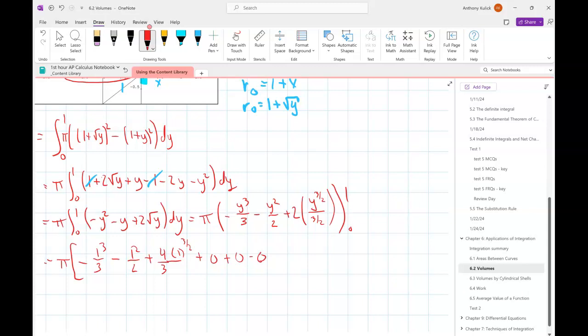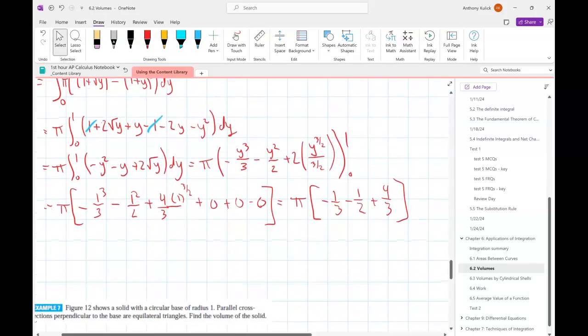And then we have plus 0, minus 0. Again, all of the terms of my antiderivative have a y in them, so when I plug 0 in for y, I just get big old fat 0. So I have pi times negative 1/3, negative 1/2, and then 4/3.